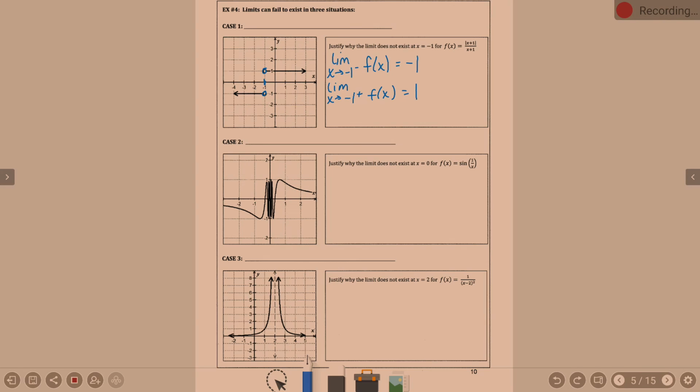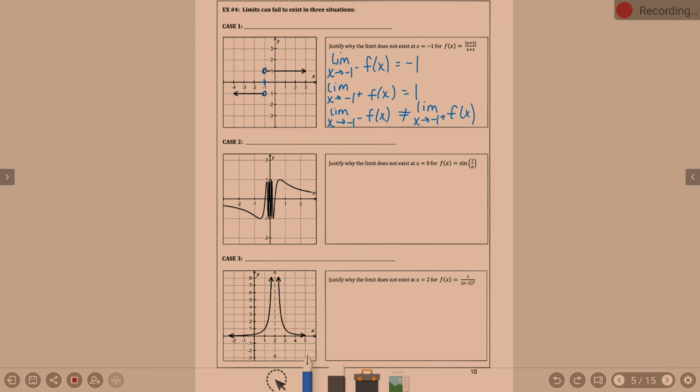Here's the deal, guys. The limit does not exist at -1 because the limit from the left does not equal the limit from the right. Good AP vocab here is saying the limit as x approaches -1 from the left of f of x does not equal the limit as x approaches -1 from the right of f of x. We'll talk about that as we go through the year, but that's good AP vocab.